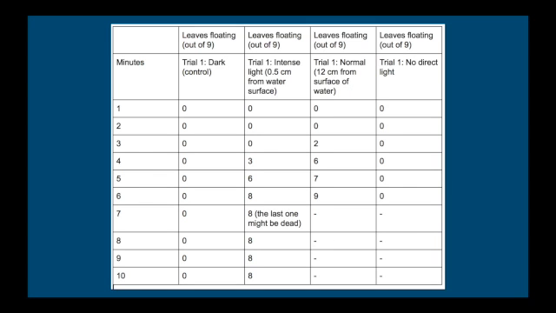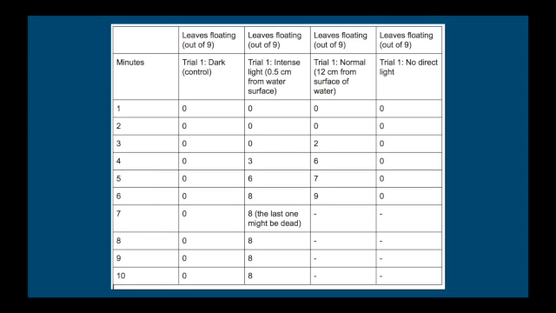there was an inconsistency between all the experiments as the normal light and the no direct light. The normal light only took 6 minutes for all the leaves to float, where the no direct light, we stopped collecting data because none of them were floating.